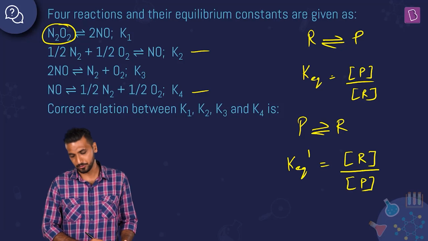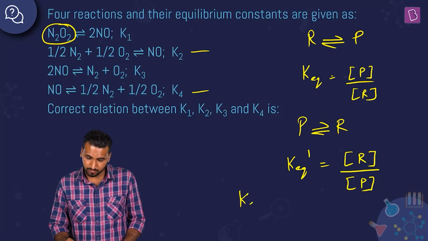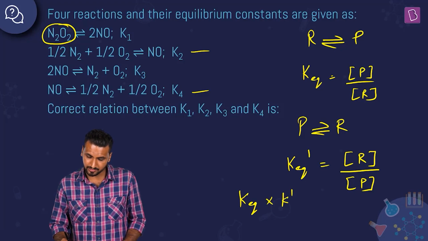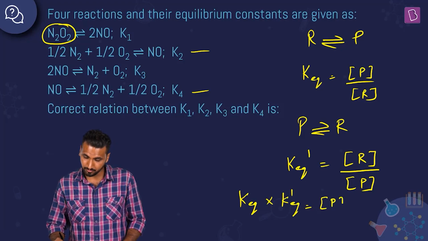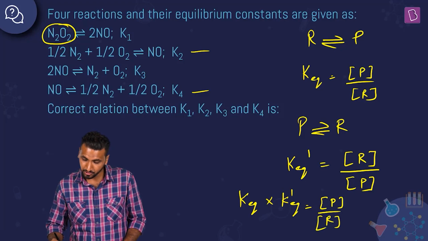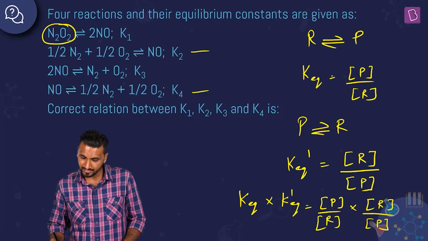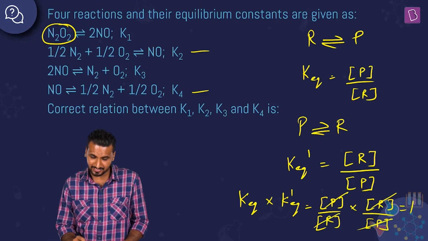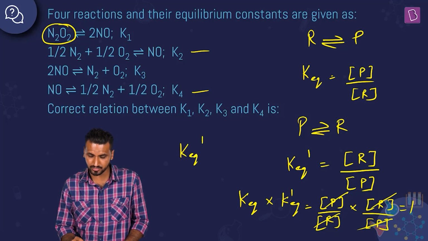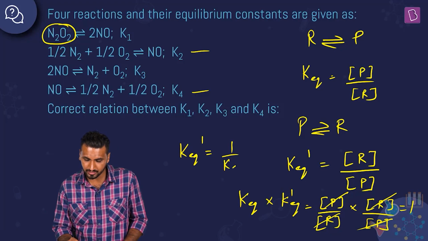Now if you multiply K equilibrium into K dash equilibrium, what you will get is product by reactant into reactant by product, and everything will get cancelled. It will be 1. So can I say that the new K equilibrium dash will be inverse of K equilibrium?